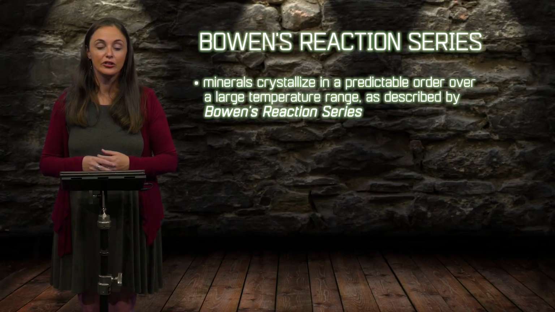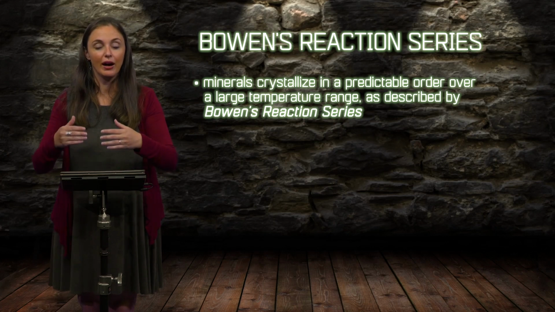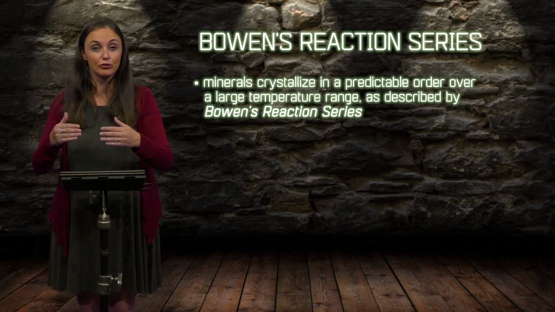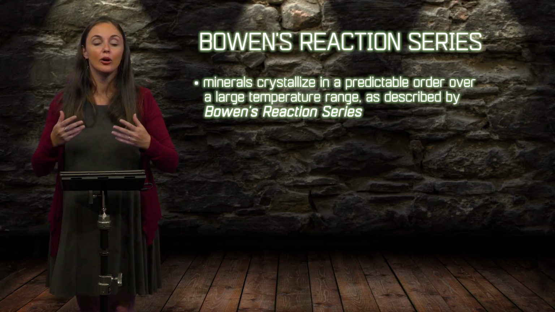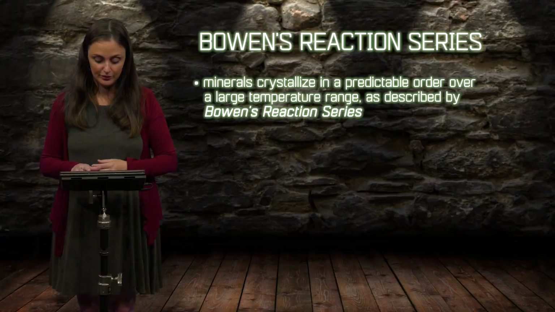And the overall sequence that he was able to create, from high temperature to low temperature, of the order in which these minerals crystallize became then known as Bowen's reaction series.